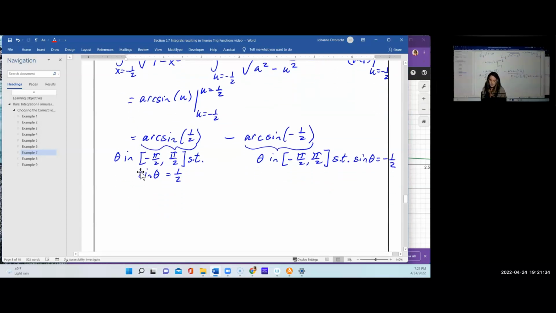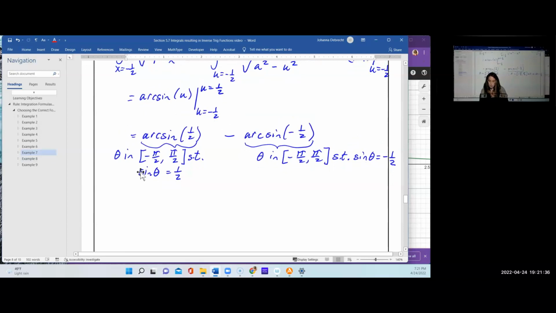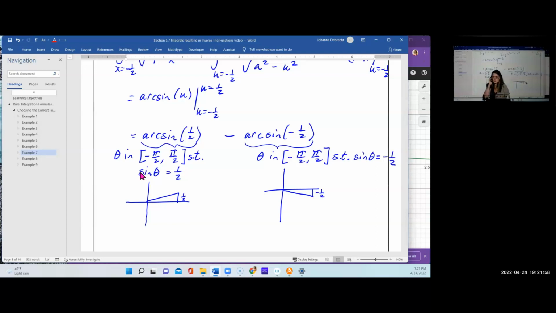That means that I'm looking in quadrant 4 going backwards or quadrant 1 moving forwards. So I need something where the y value is 1/2 and positive on the first one, and on the second one, where the y value is negative 1/2 on the unit circle.